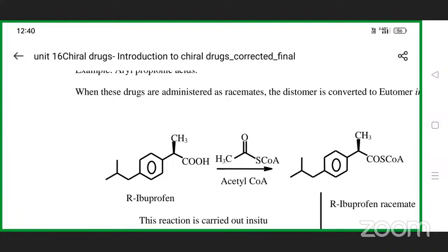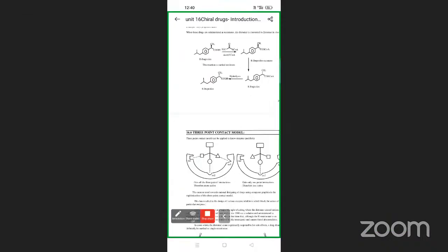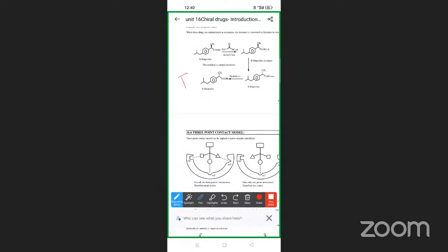And this is taking place inside the living organism, generally called in vivo. We have in vivo and in vitro. In vivo is inside the living organism, and in vitro is outside the living organism.